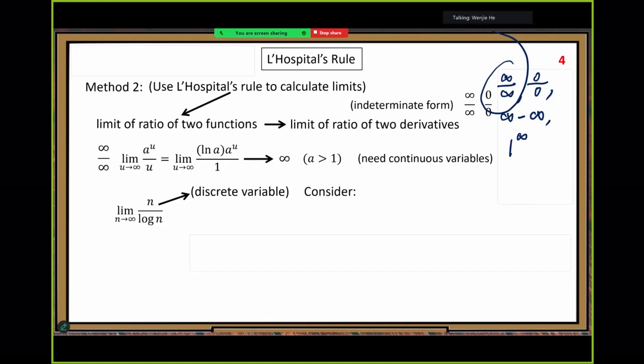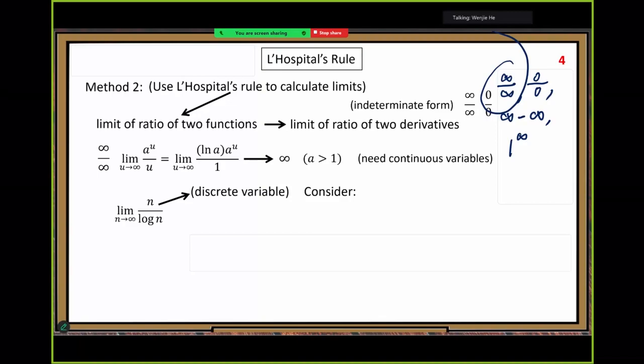So we need to find a suitable way to get around this discrete variable problem. Let me give you the technical treatment to make it work, to get around this technical difficulty.